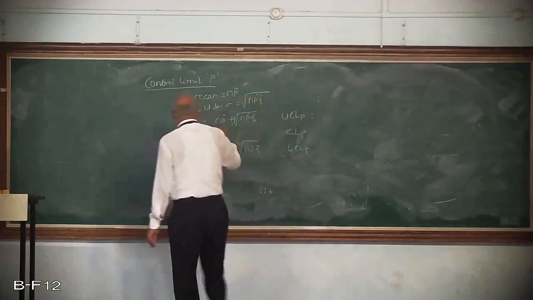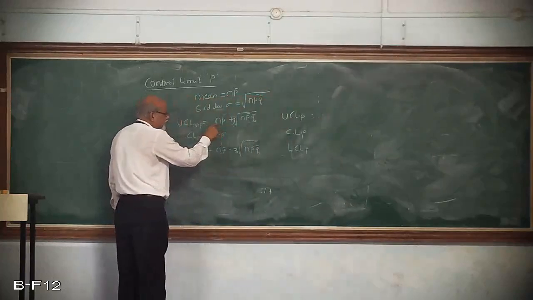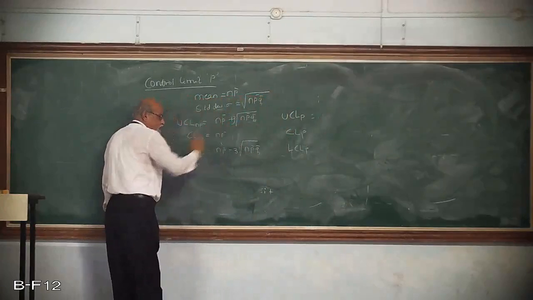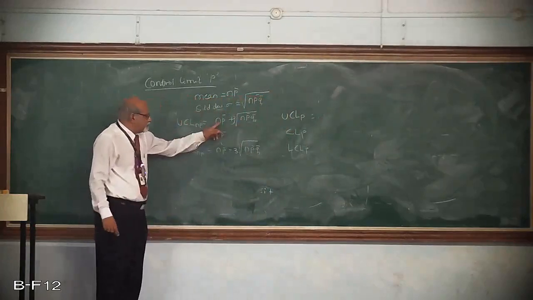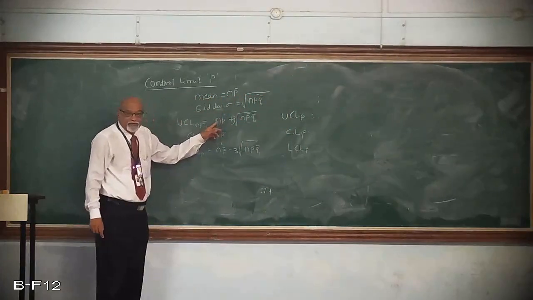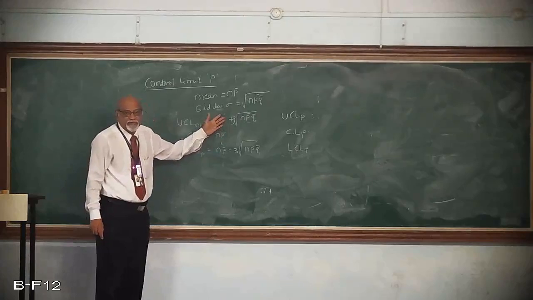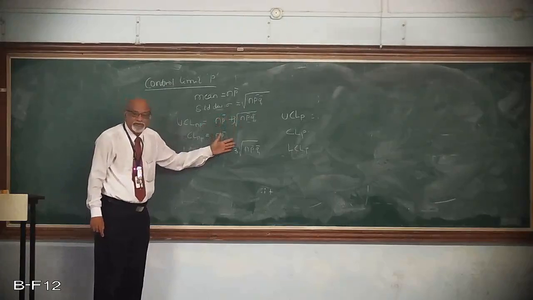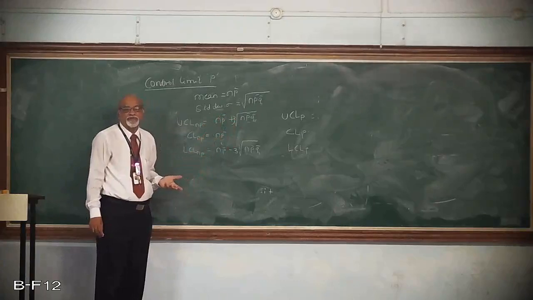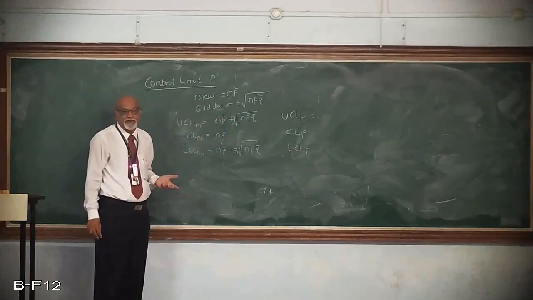Now, if you observe here, if I divide throughout by n, NP bar divided by n becomes P bar, and the corresponding things will remain. It is as simple as that.